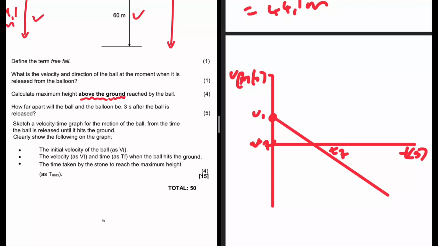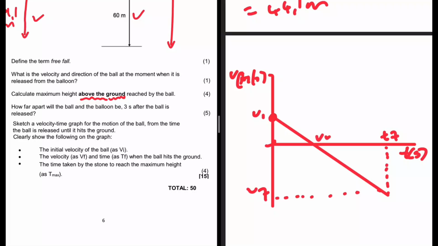Okay, so the second bullet point says the velocity Vf and the time it hits the ground. Okay, no, I'm making a mistake here. So Tf is supposed to be here. That is where Tf is supposed to be. That is the time at which it strikes the ground. And then this is Vf, the velocity at which it strikes the ground.